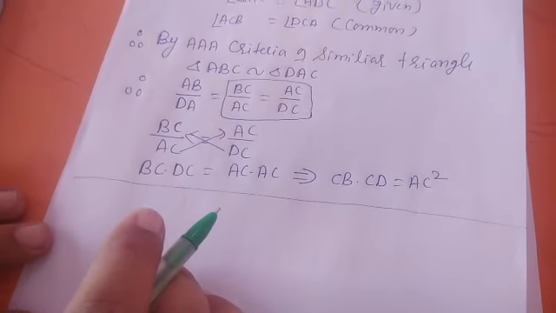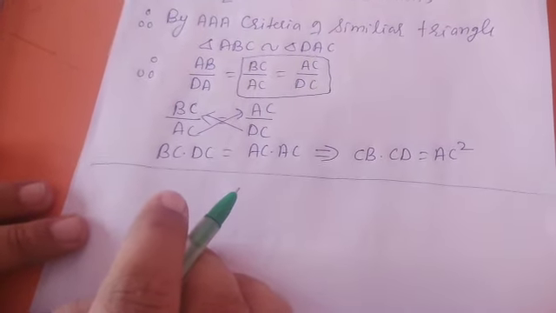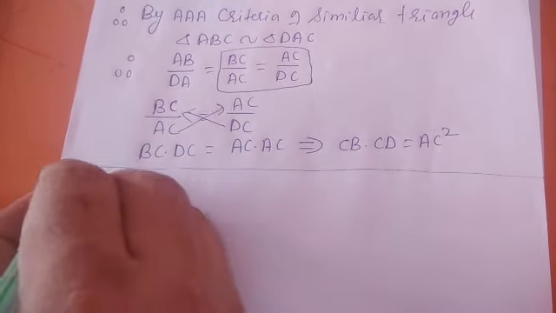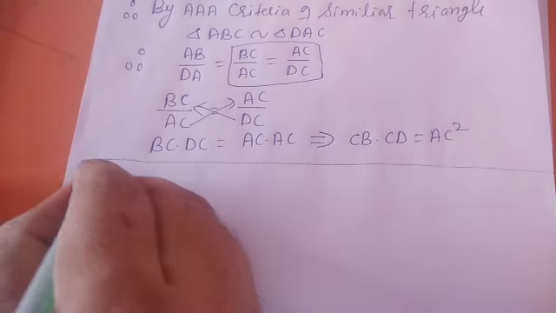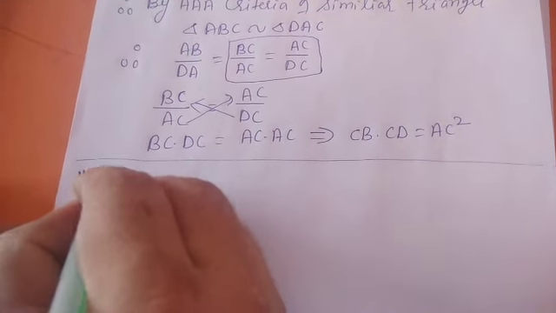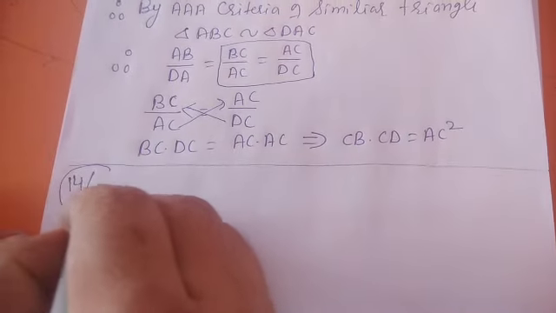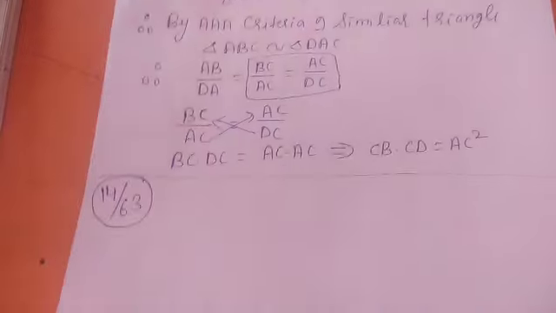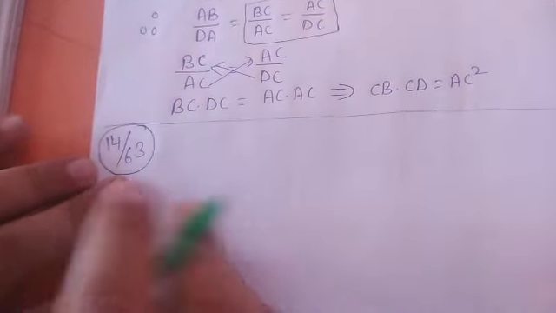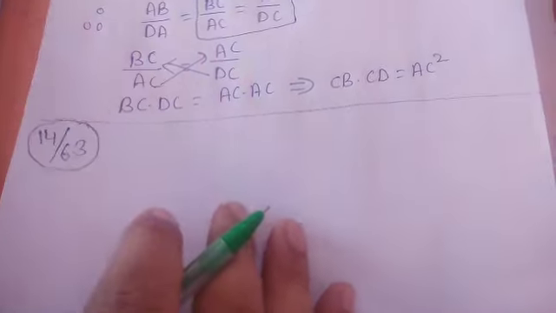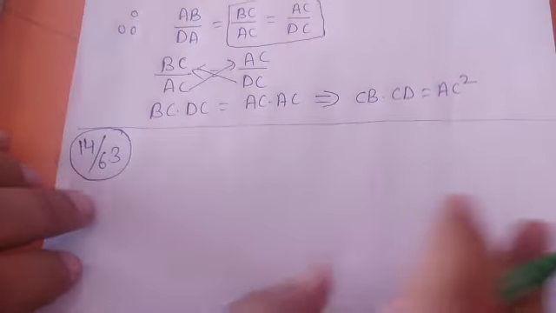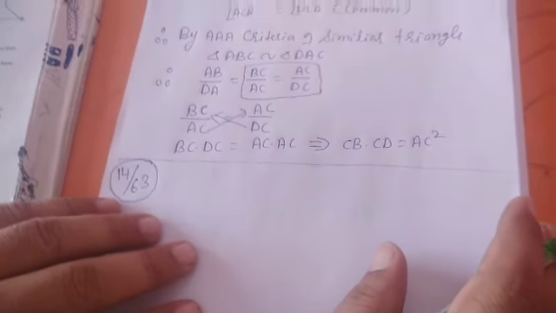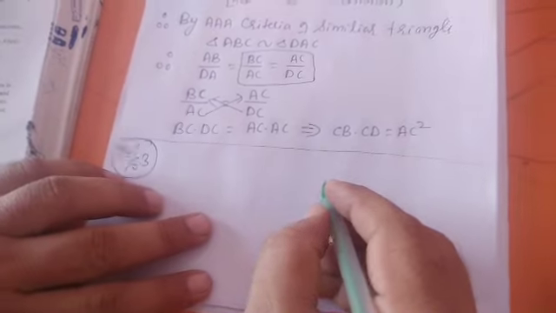Understood? Question number 13 is done. Now question number 14, Exercise 6.3. So what's given? Sides AB, AC and median AD of a triangle ABC.